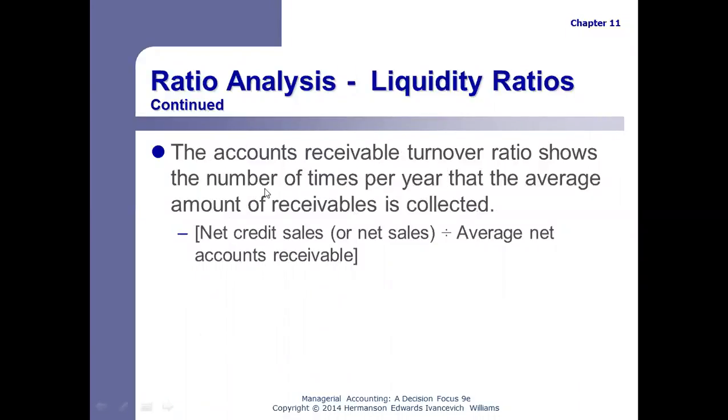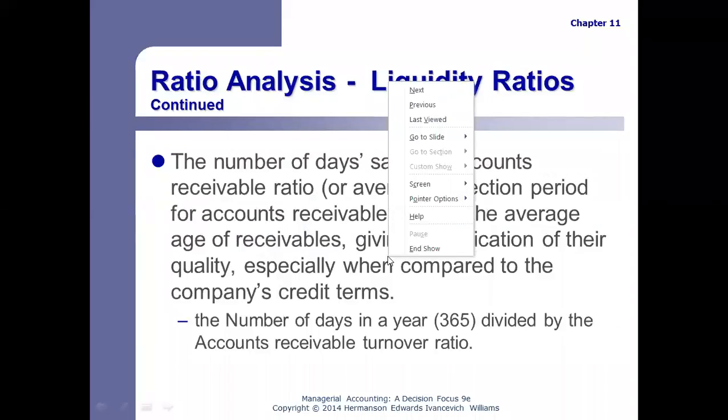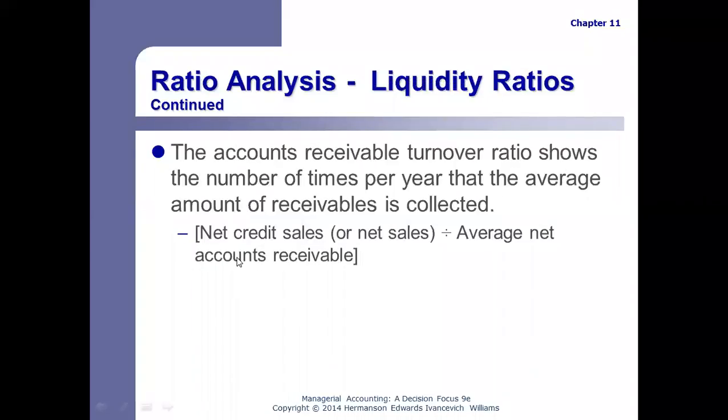Okay, another commonly used ratio is the accounts receivable turnover ratio. This measures the number of times per year that the average receivable is collected. The calculation is your credit sales divided by your average net accounts receivable.